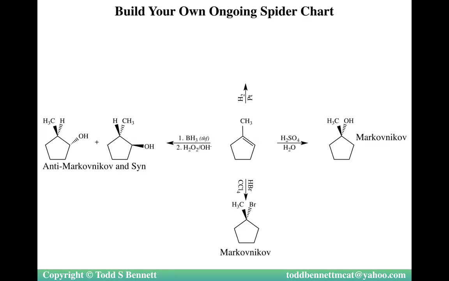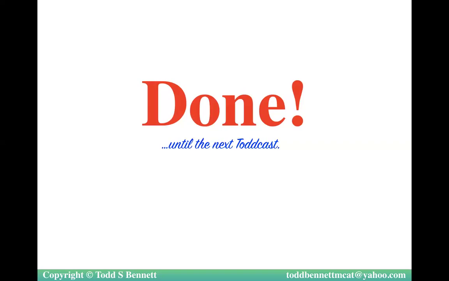And so there's many reasons, but don't get locked into exactly what's going on here. H2 and a metal catalyst, that's what matters. But you end up getting syn addition, and we don't worry about Markovnikov, anti-Markovnikov because we're adding the same thing to both sides. So, two more reactions down on our spider chart, and that's essentially what we're going to keep doing. We're going to keep piling on our spider chart.